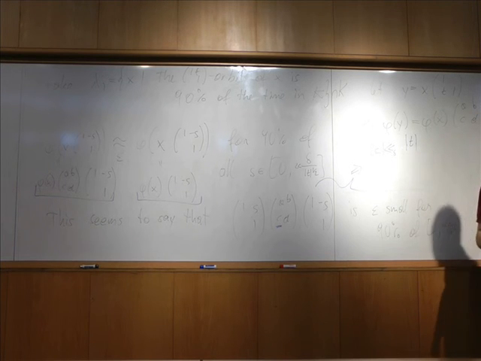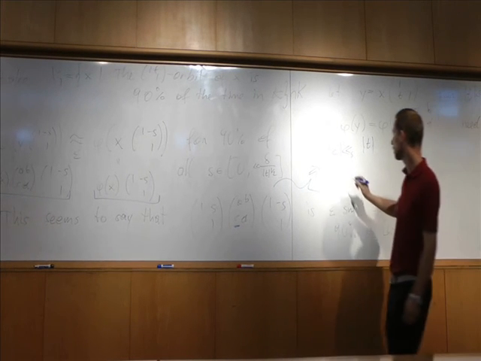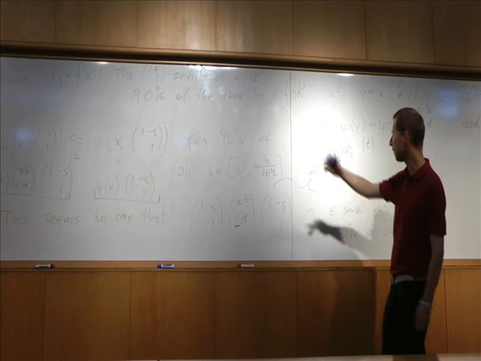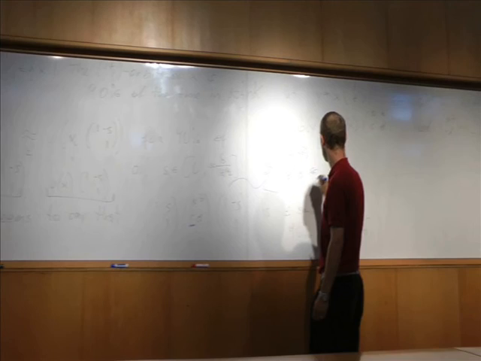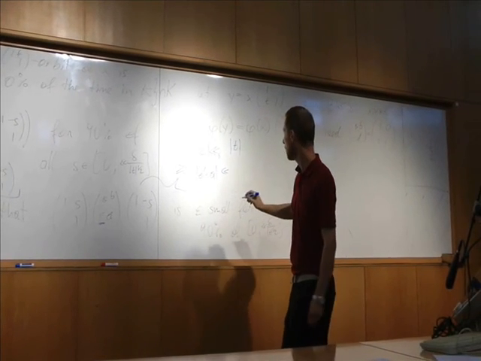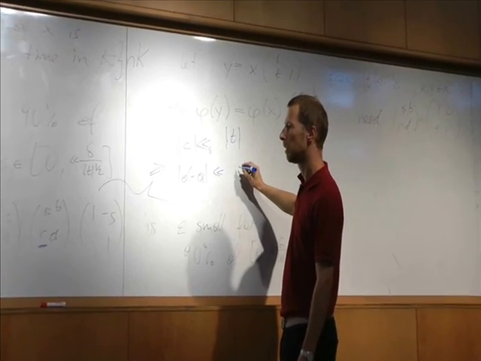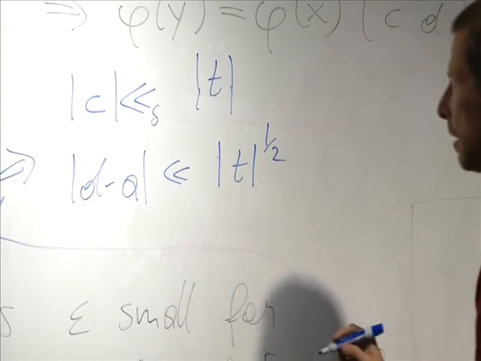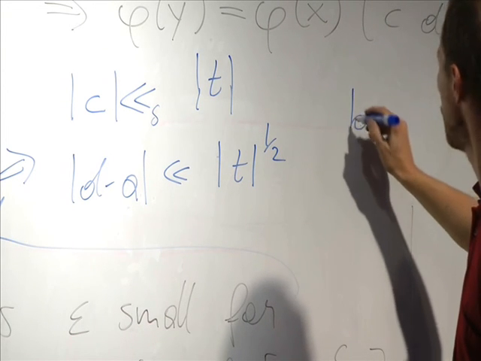Okay, that looks like a rather weird conclusion after all this work. Let me add a bit more statements that are also coming out of this. The d minus a is not much bigger than the square root of absolute value of t, in the same sense. And the b I don't know much about.